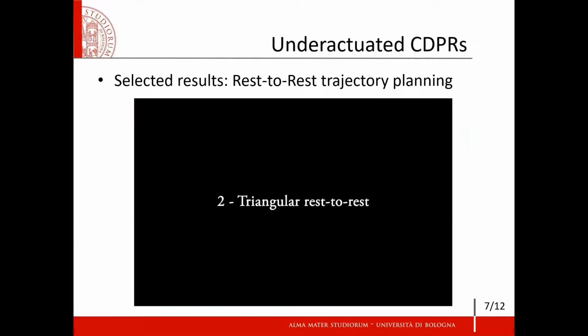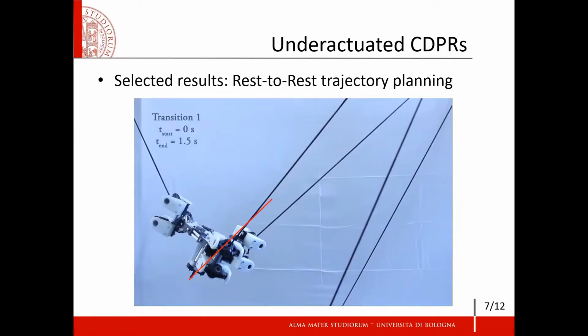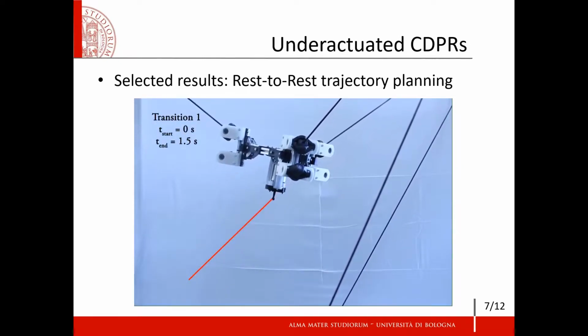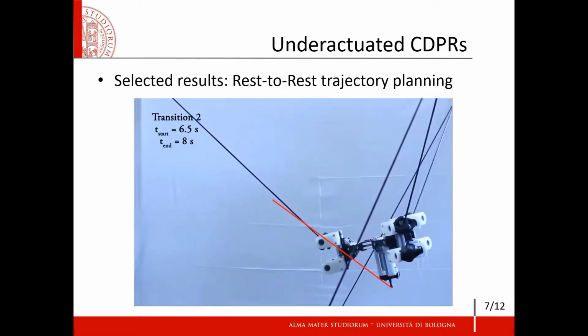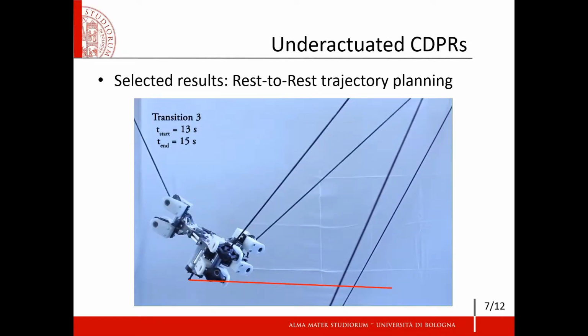Our rest-to-rest trajectories, which account for the platform dynamics, can theoretically stop the robot platform at the end of each transition. Of course, in practice, without a feedback controller, minimal oscillations are still present because of model disturbances. Still, the results are satisfactory even without feedback control, as in this video.